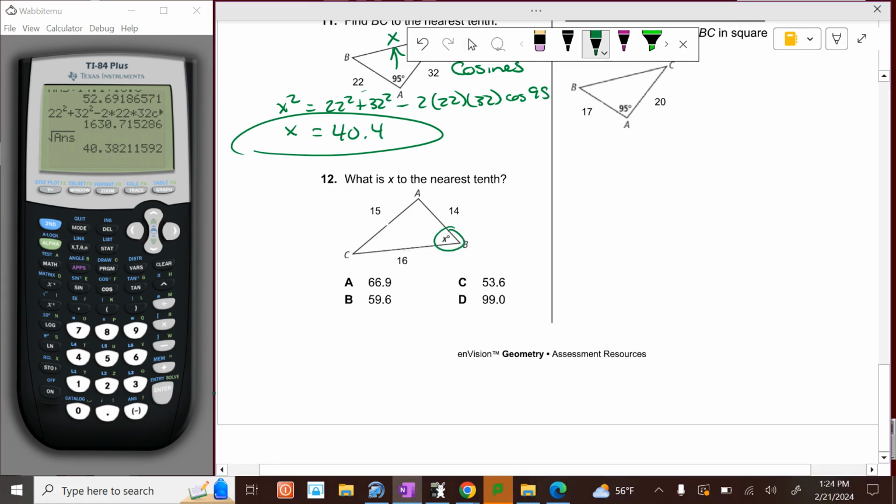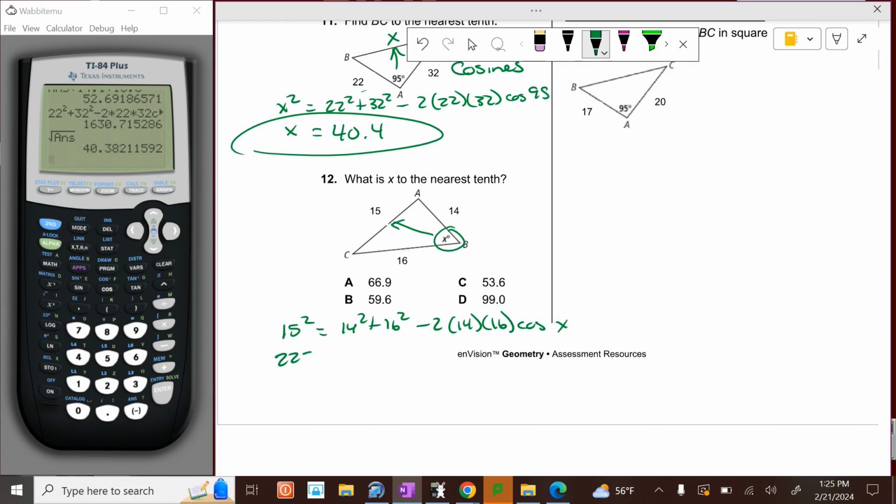Where it's a little harder, the law of cosines, you have to work backwards. So the side opposite the angle we want is 15. So 15 squared equals 14 squared plus 16 squared minus 2 times 14 times 16 cosine of x.